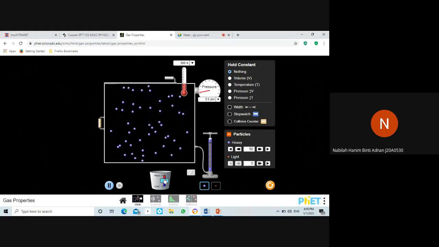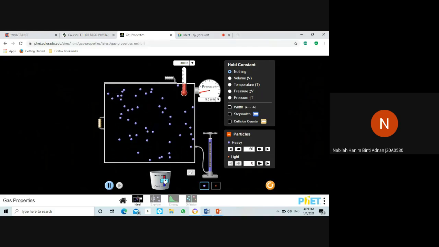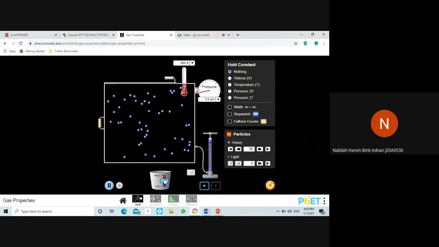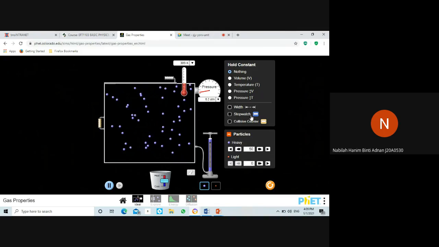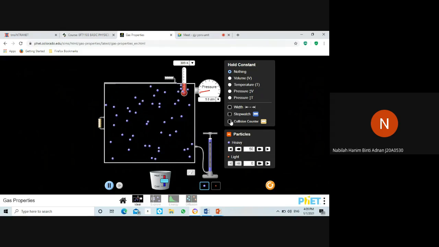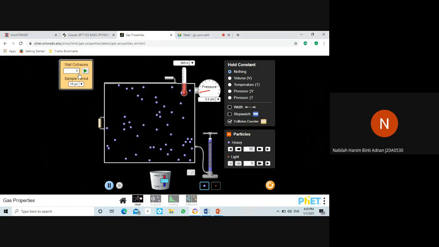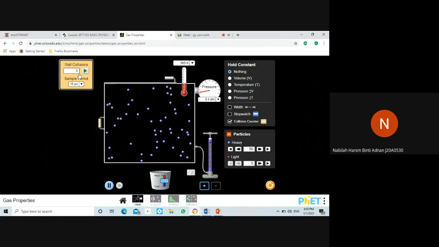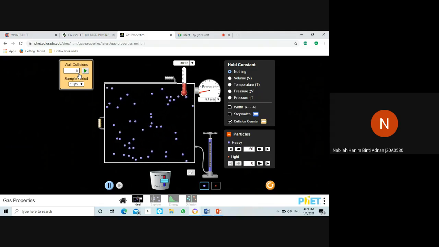First, I will show you, if I increase the temperature, what happens to the pressure of the particles. Before that, we tap on the collision counter to count how frequently the particles hit the wall.